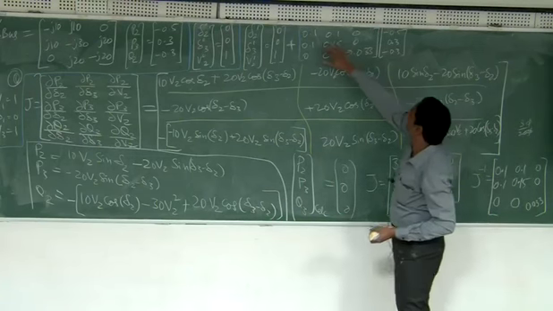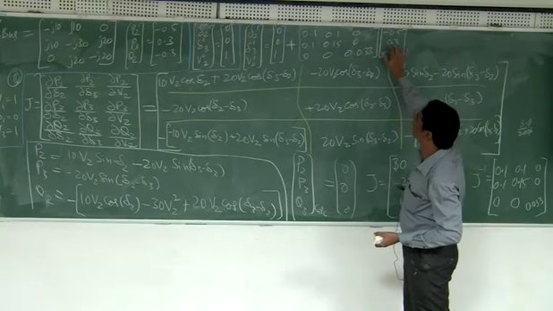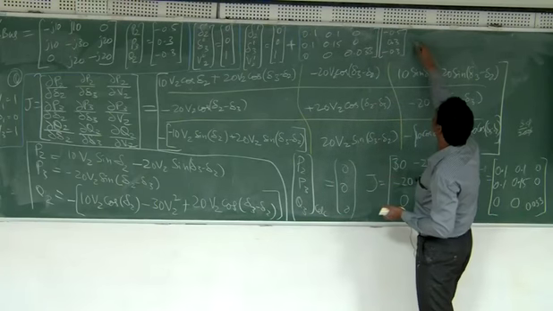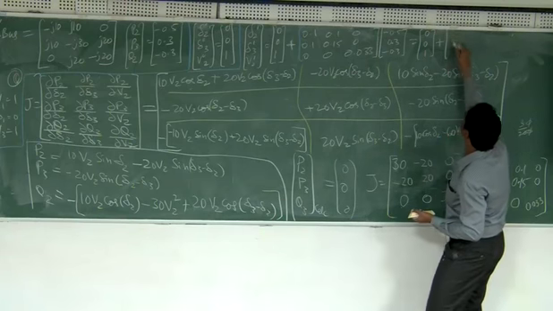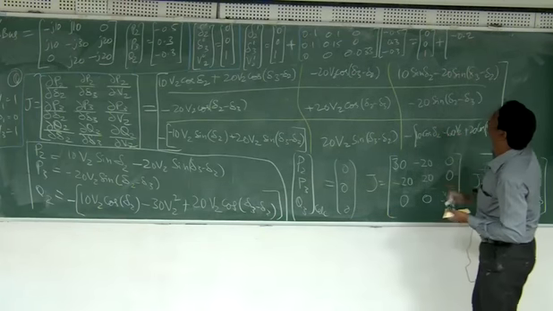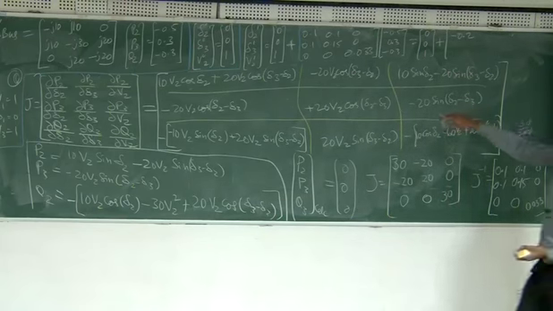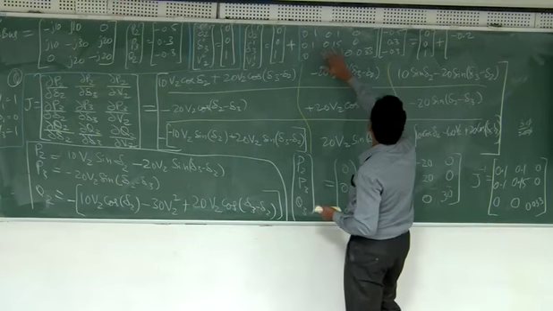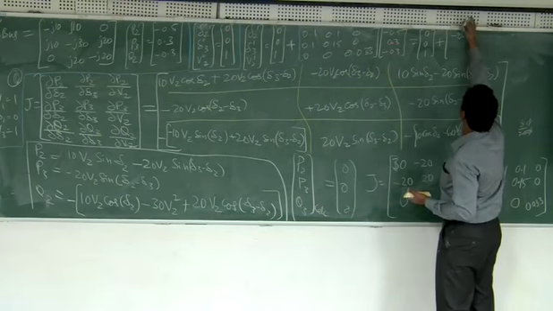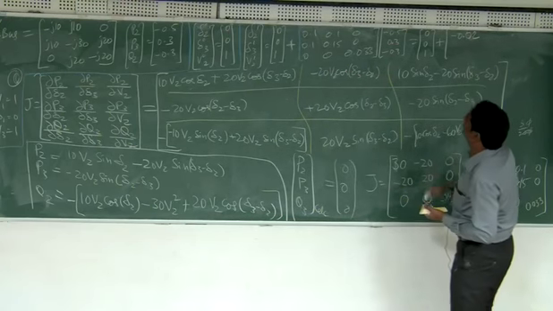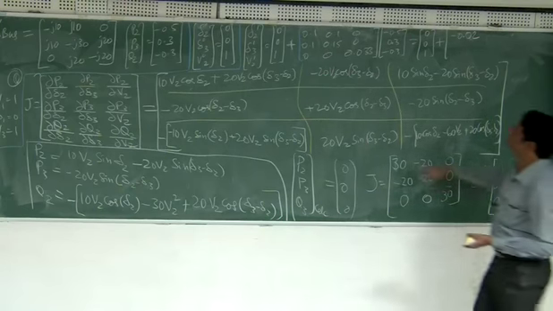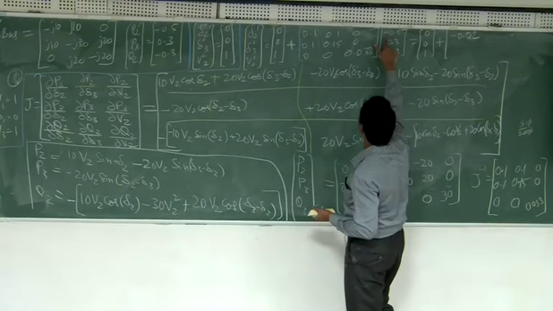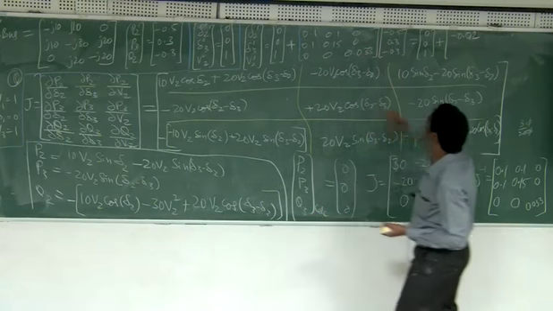See, this is minus 0.5 plus 0.3, negative minus 0.2. 0.01 plus minus 0.2. Then this is 0.2. So minus 0.02. Okay. What about this? I think I did calculate it.